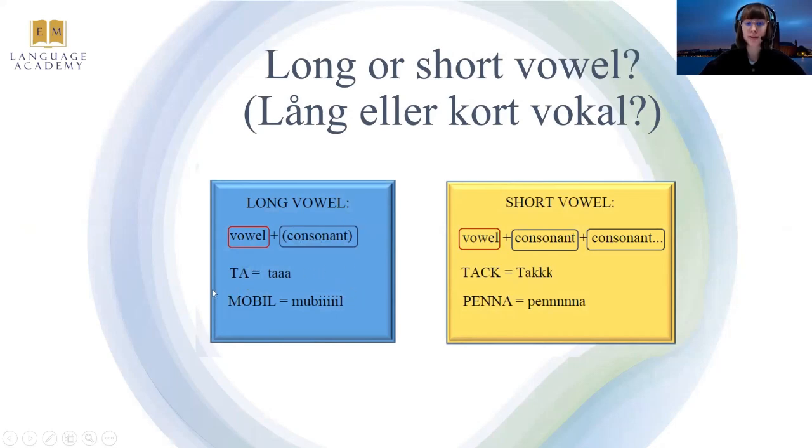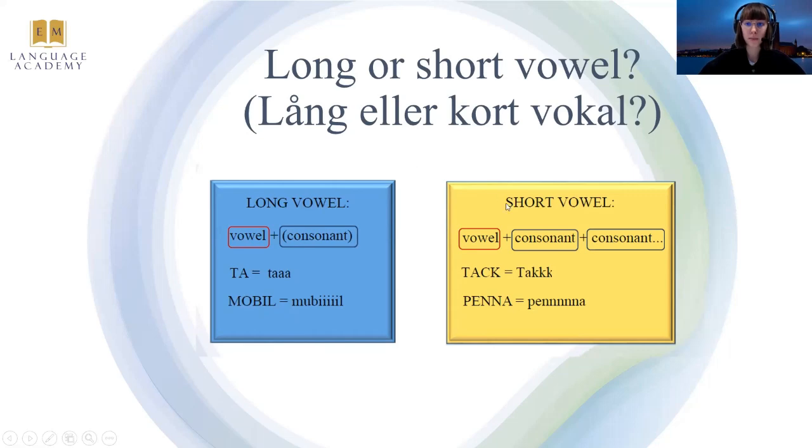And we have 2 examples. The verb ta, it is standing here in imperative. That means go and take something, right? Ta, take. And mobil, a phone, mobil. So what I'm doing here is that I'm accentuating, I'm putting extra emphasis on the vowel A and E, right?